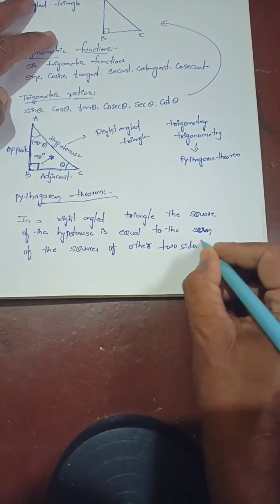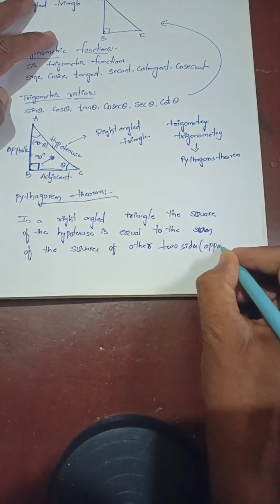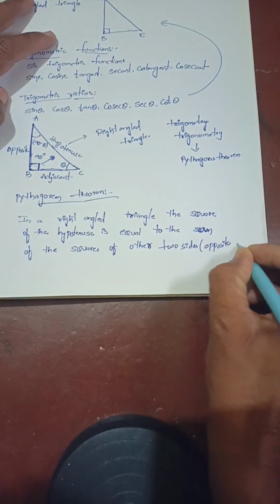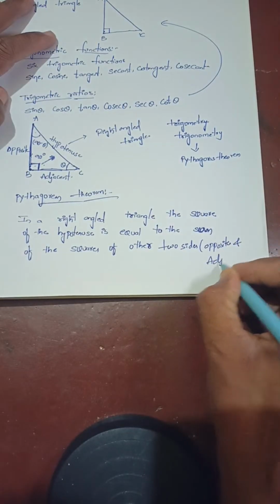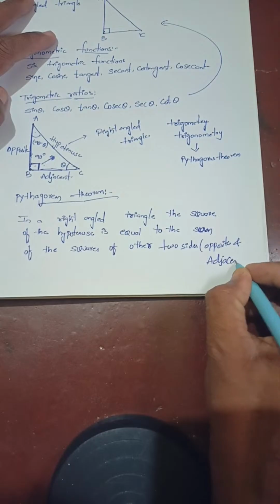So what are the two other sides? Opposite and adjacent sides.